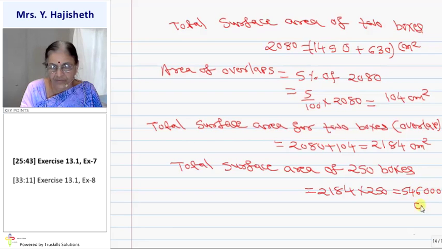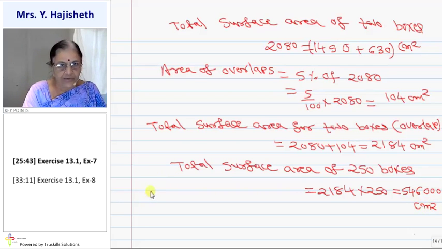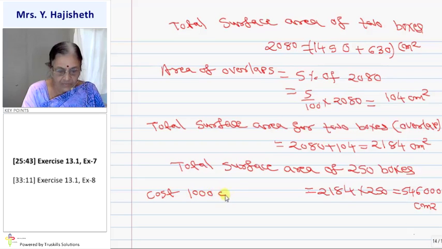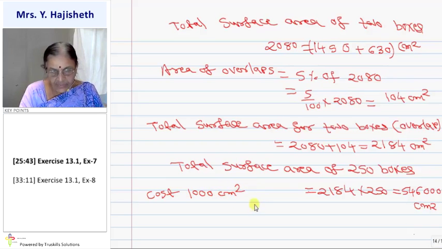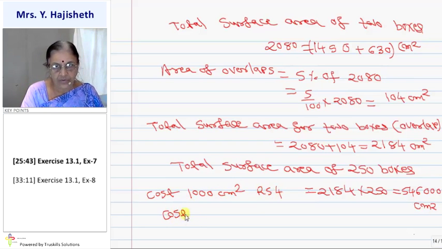546000 centimeter square. Now what is the cost for 1000 centimeter square? Cost for 1000 centimeter square is rupees 4. So cost for 546000 centimeter square is how much?